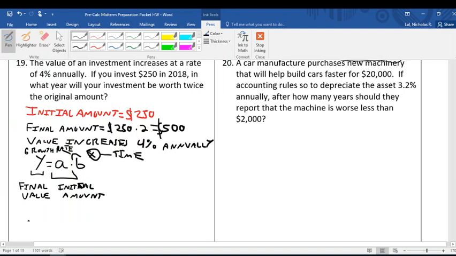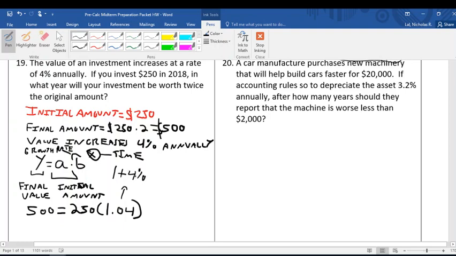So our final value, 500, is going to be equal to 250 times... Now a 4% growth rate is going to be 1.04. Multiplying 250 by 1 allows it to stay constant, but adding that 0.04 turns it into a growth rate. So that 1.04 comes from 1 plus 4% growth.